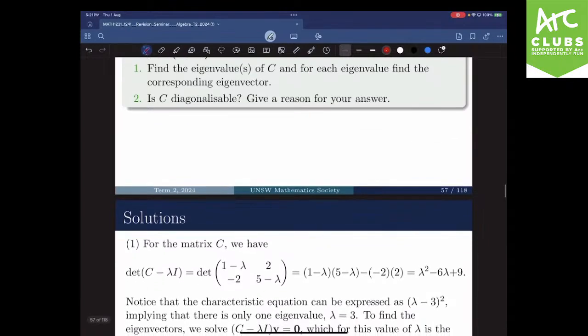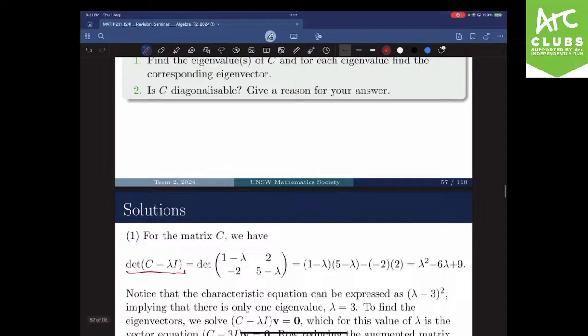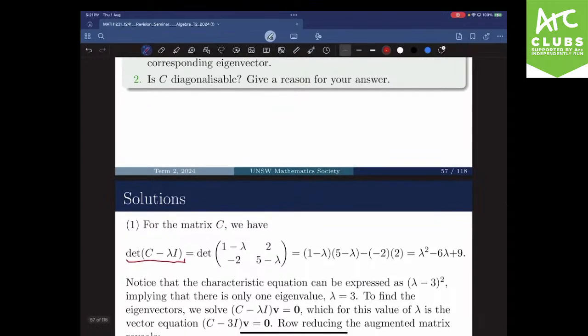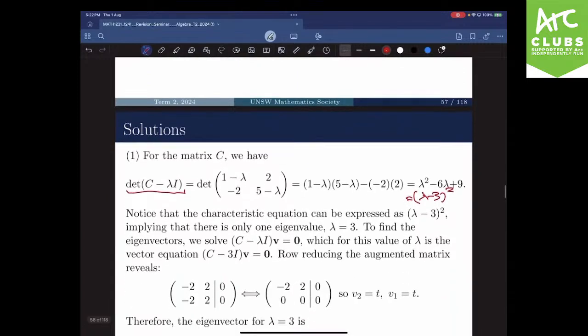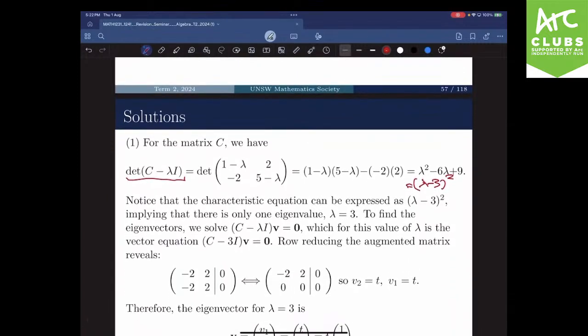If we consider the characteristic polynomial, the determinant of C minus lambda I is just the determinant of this. If we expand it, we get this, which is also equal to lambda minus 3 squared.